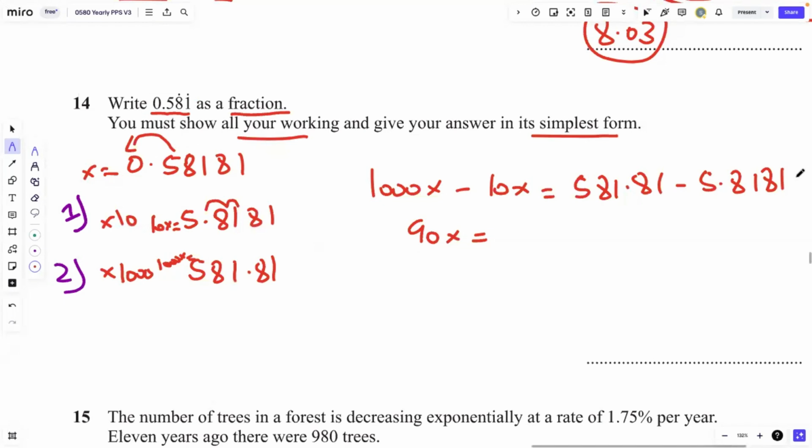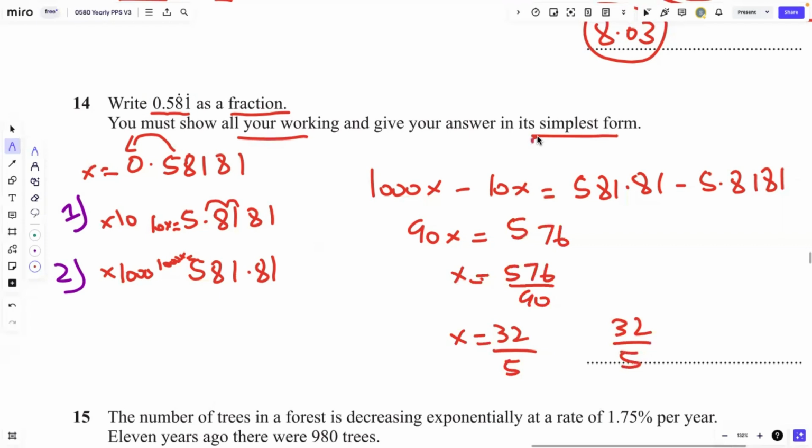So getting 576, and then x is going to be 576 divided by 90, as 90 goes on the other side. 576 divided by 90 is going to give us 32 over 5, and that's our final answer because we're supposed to write it in the simplest form.